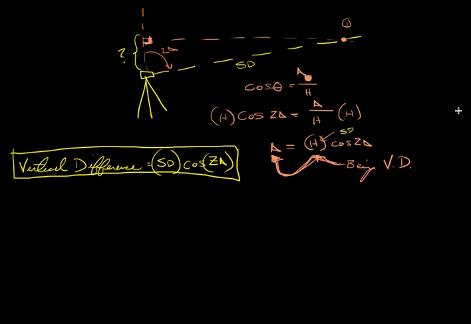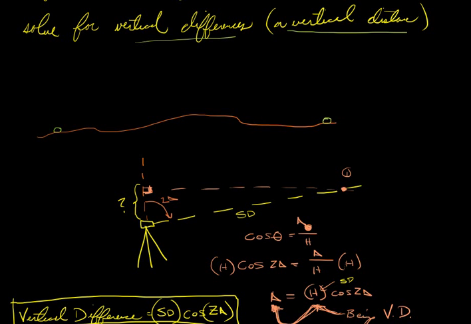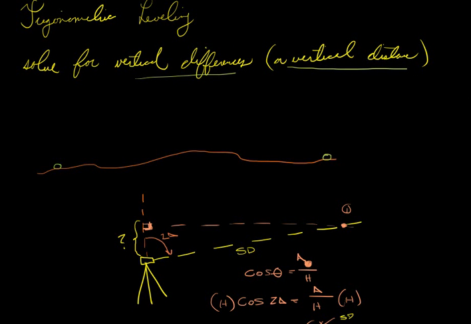Now that you know that, let's go back up here, and I'll show you the complete step. In the last video I said the elevation was 100. Let's do that again. Elevation is equal to 100, and we want to get the elevation over here.